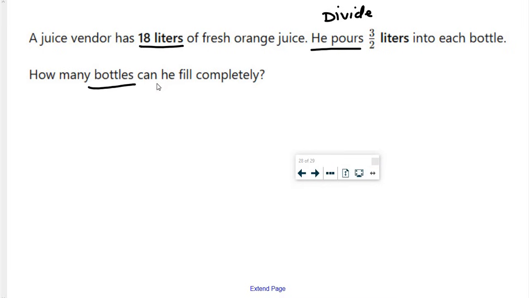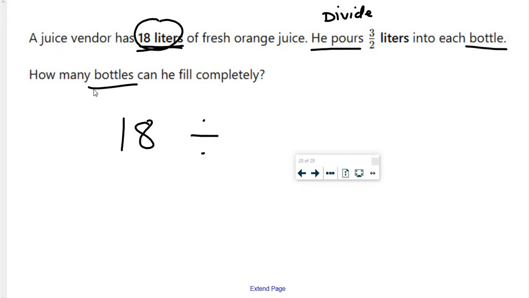How many bottles can he fill completely? Simply do 18. He pours means he's taking 18 liters and then dividing them into each bottle, where each bottle takes 3 upon 2 liters.